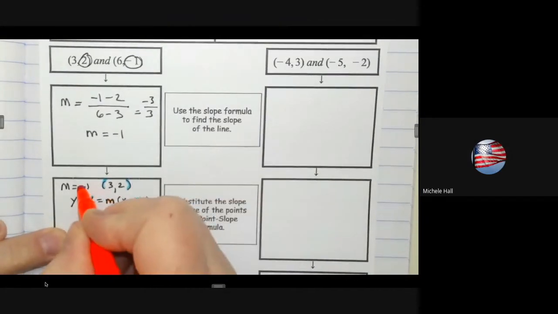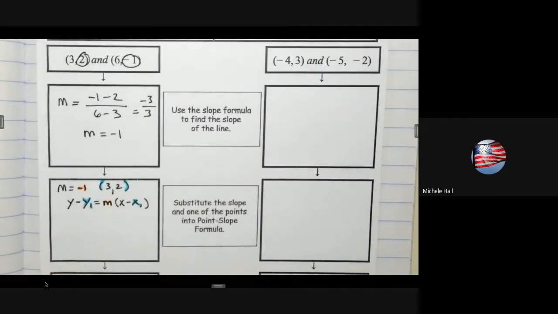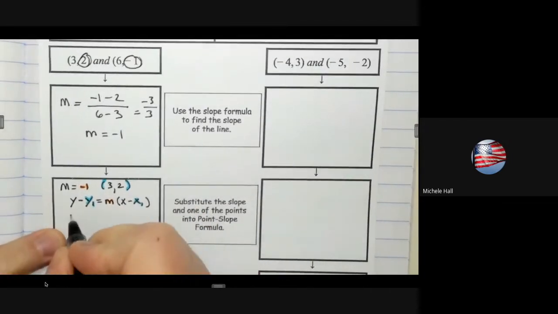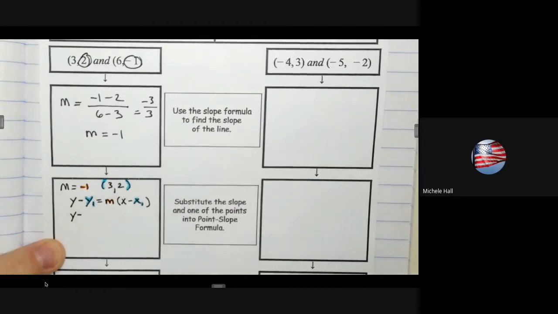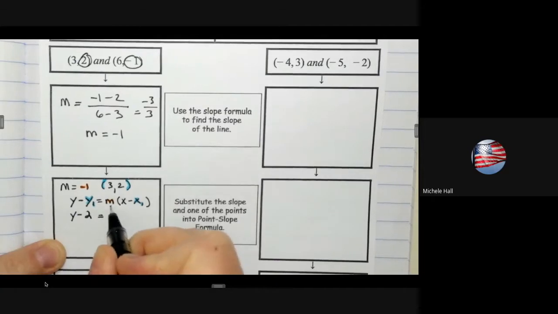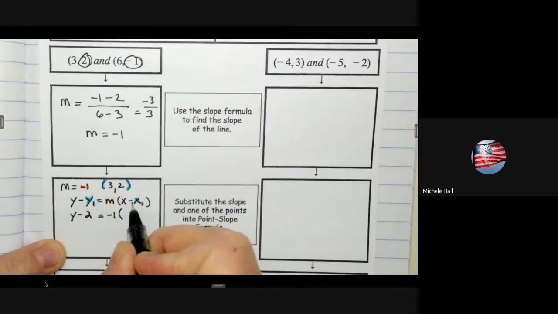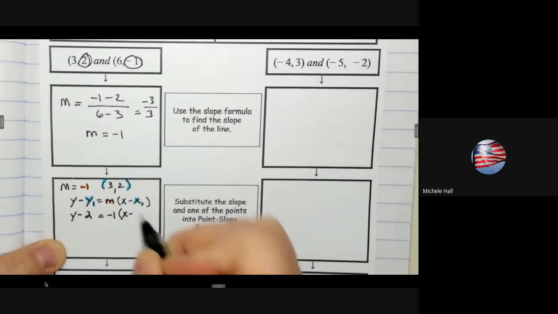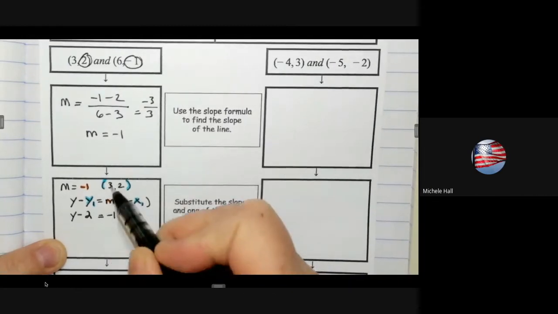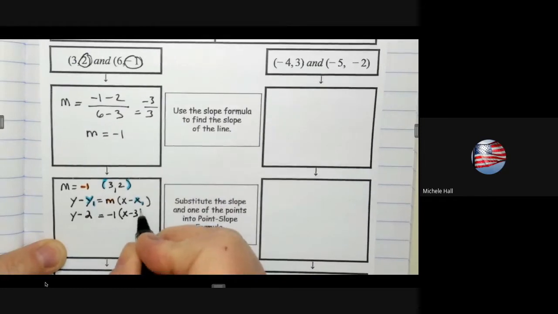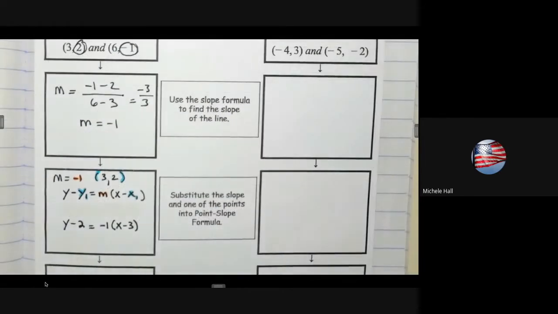And here is the slope. All right, we are ready to substitute. So we have y minus y1, which is 2, equals my slope, -1, times x minus x1, which is 3. Now here's the equation.